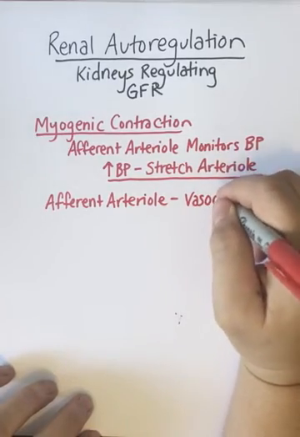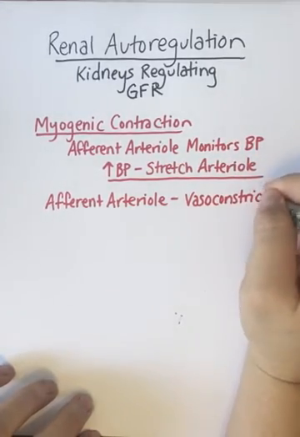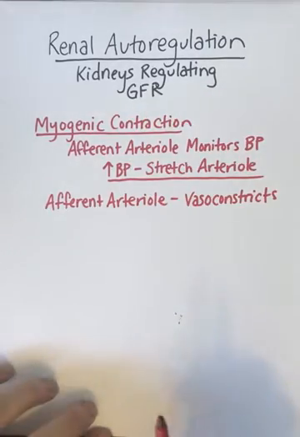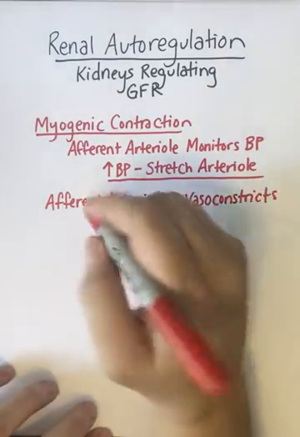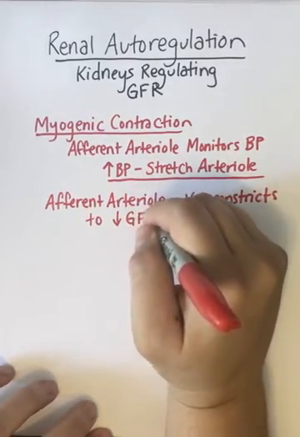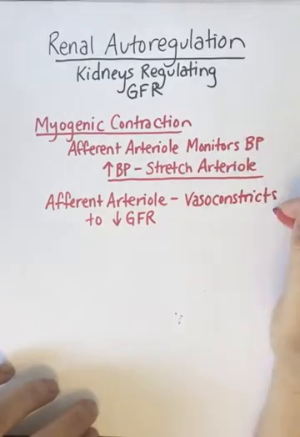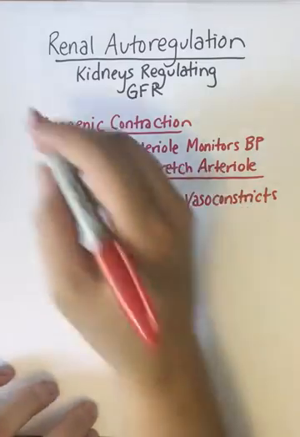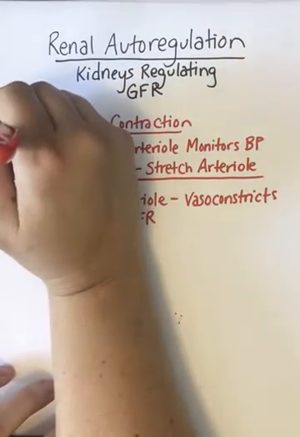It vasoconstricts, which means it is going to narrow the lumen to decrease your GFR, because anytime you vasoconstrict the faucet, you have a decrease in GFR. So the first thing was myogenic contraction.